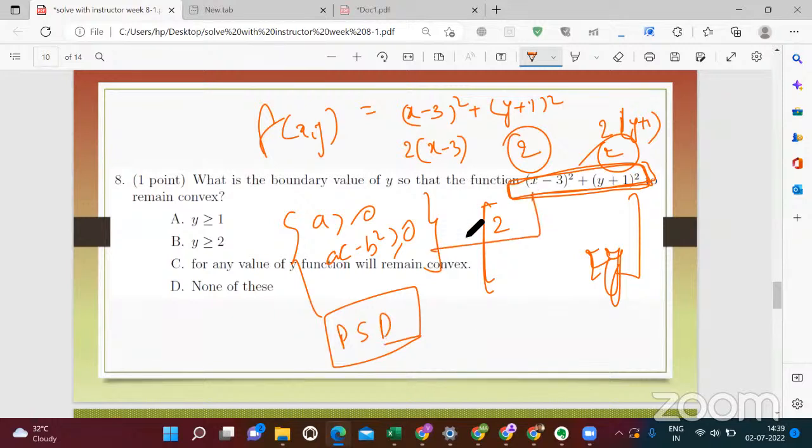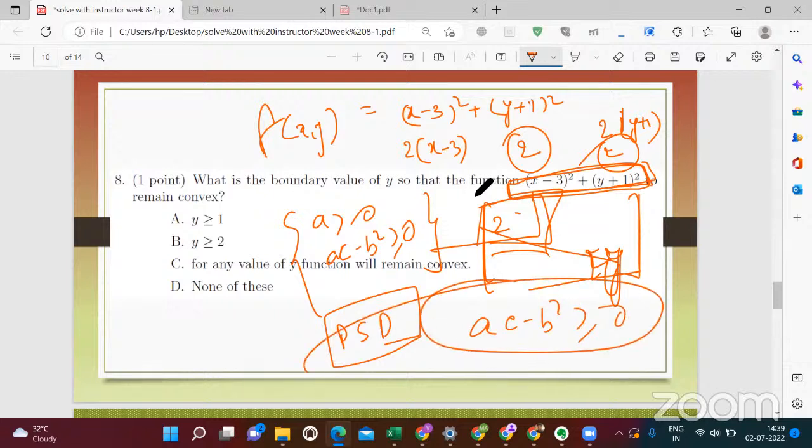For the 1 cross 1, the leading determinant should be positive every time. Or if you have only the diagonal elements and you get y here, then you can directly say y should be greater than or equal to 0, because it can be 0 for semi-definite cases.